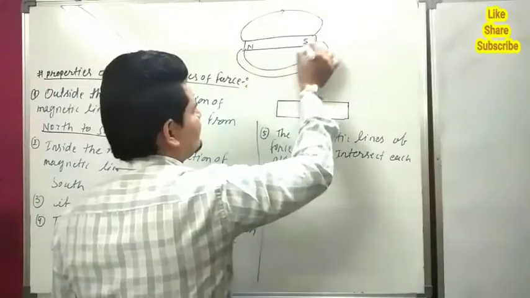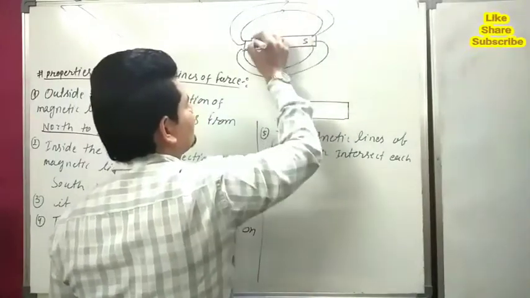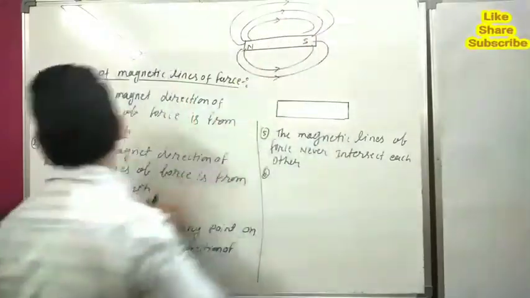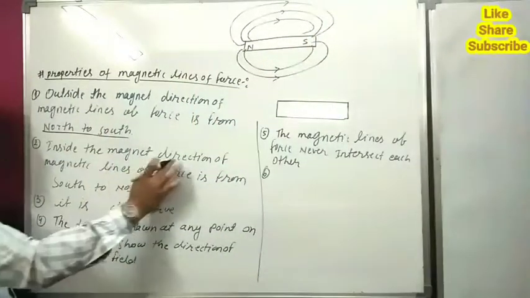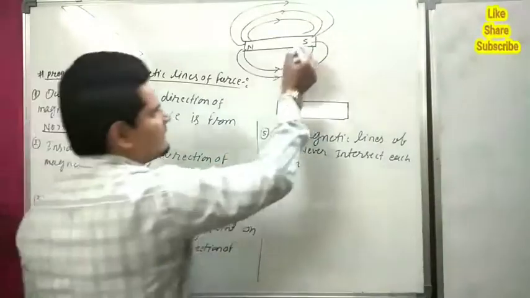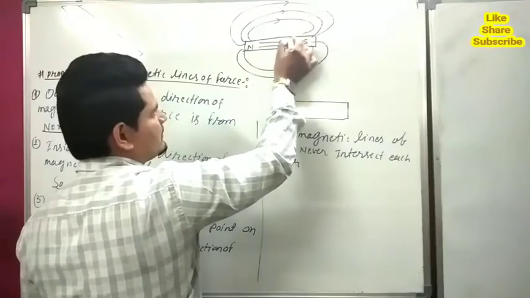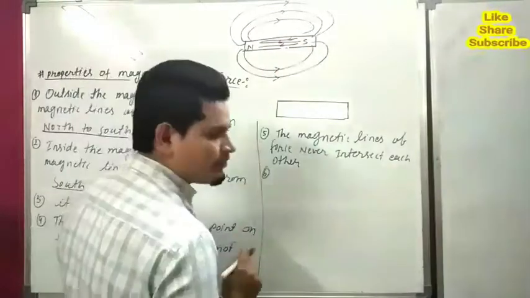But inside the magnet, the direction of magnetic lines of force is from south to north.